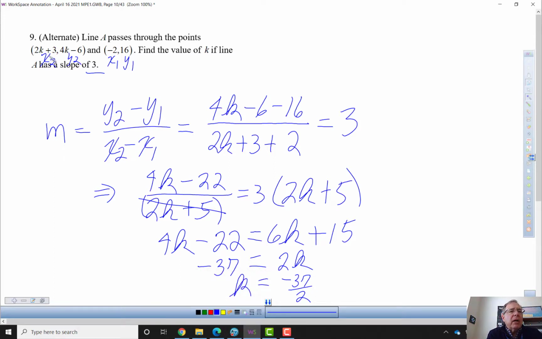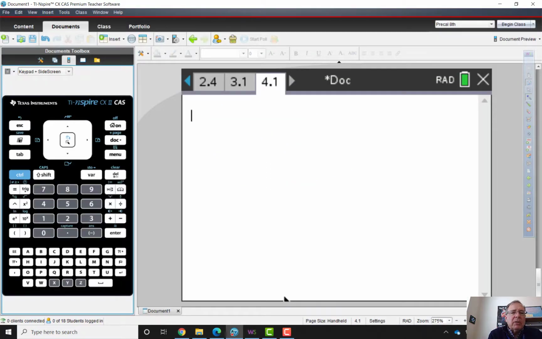So I want 2k plus 3 and 4k minus 6. So I'm going to go to a calculator page and put in the fraction negative 37 halves, break out of the fraction, Control Var, and above that is the Sto key, which stands for store. So I'm going to store that in k.